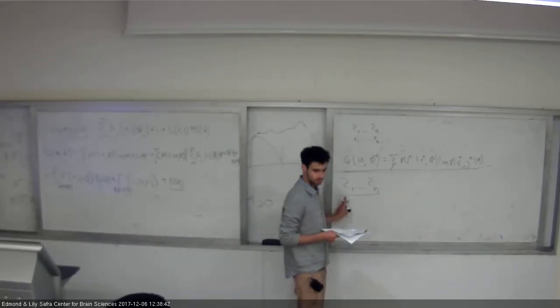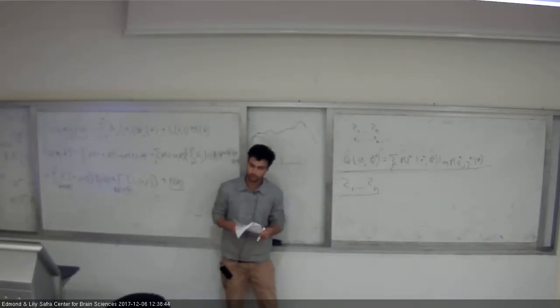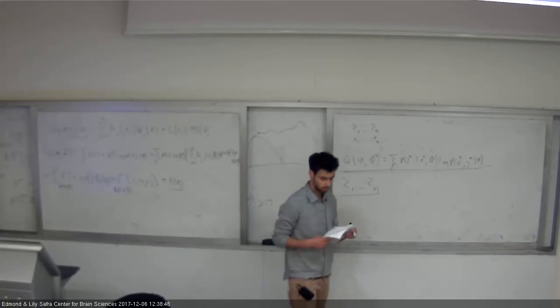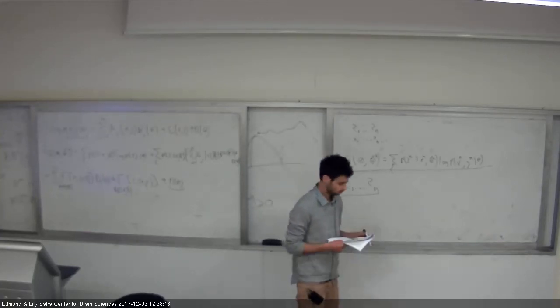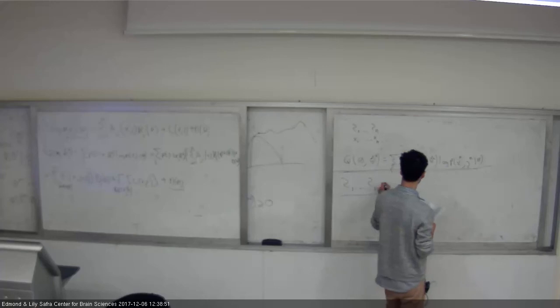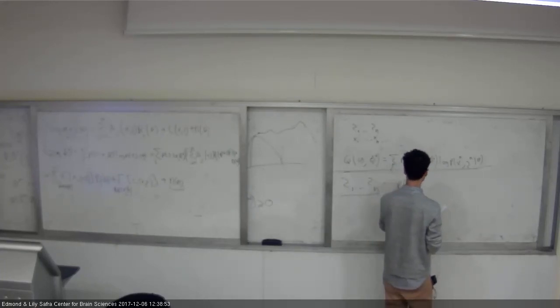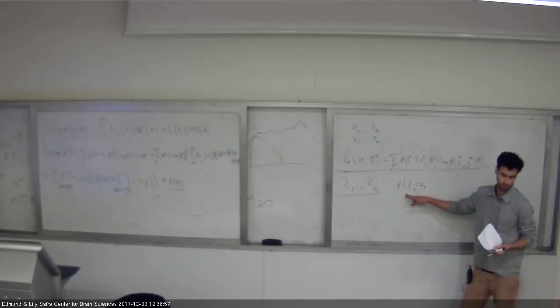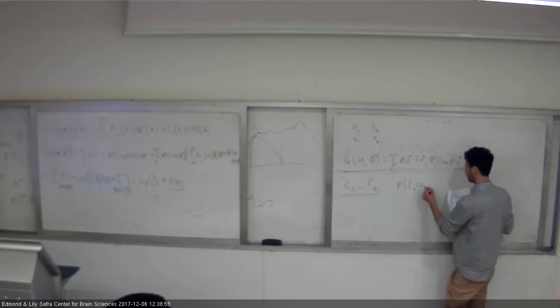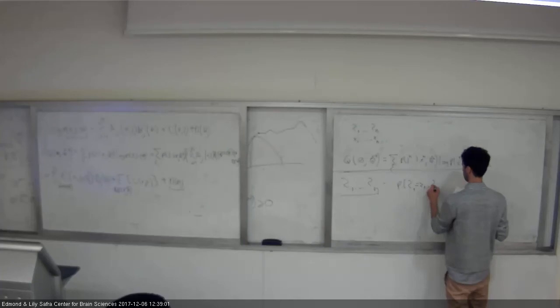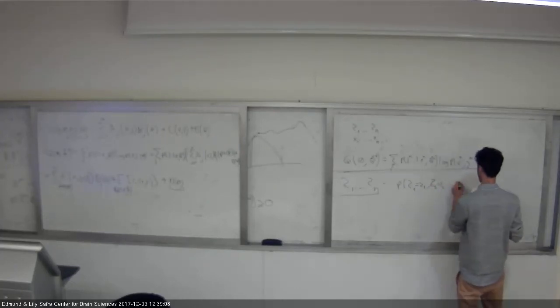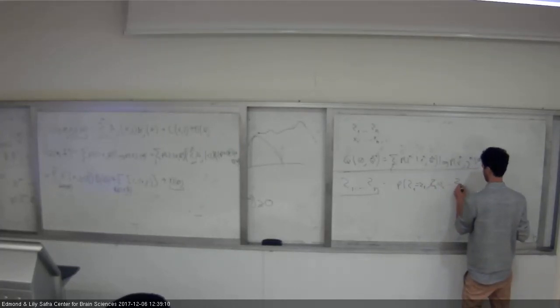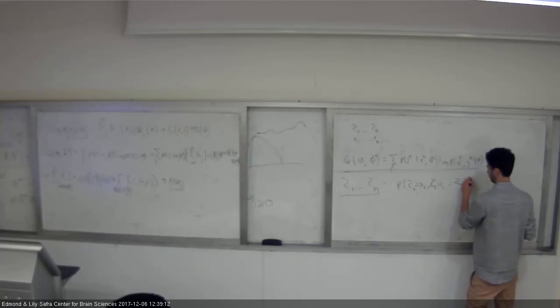So if I have Z1 to Zn, it's a sequence of random variables with some joint distribution. So here I have P of capital Z1 equal to small z1, Z2 equal to z2, till Zn equal to zn.